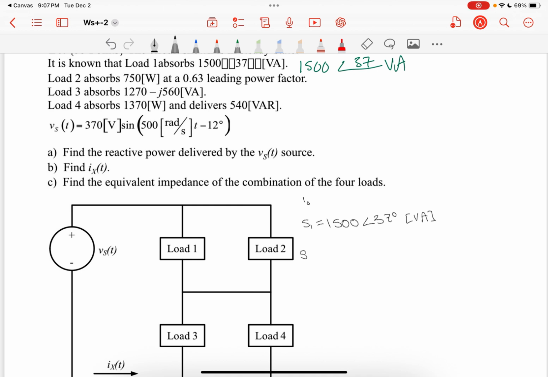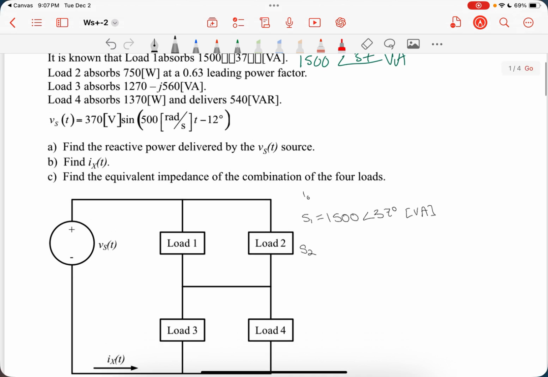Now for source 2, we know that the complex power follows the equation S is equal to P plus JQ. P is going to be the real power and Q is going to be reactive power. We know that this is going to be the real power because it's in watts, and then we can use the leading power factor to solve for the reactive power.